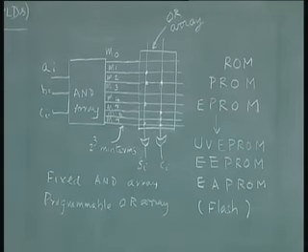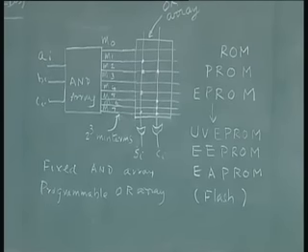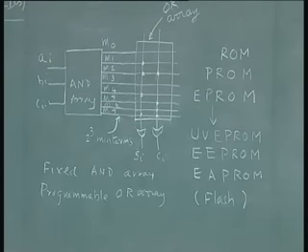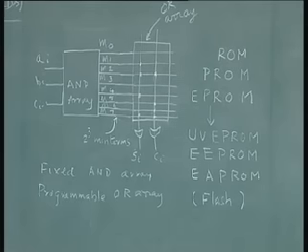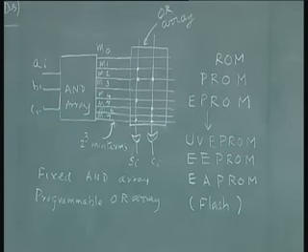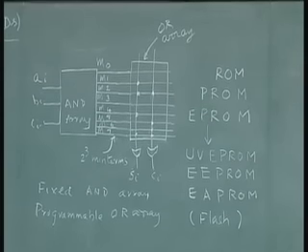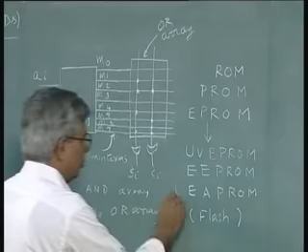These are electrically alterable programmable read-only memories or flash memories, wherein I can keep the device in the circuit and selectively alter the programming of the device. So, that is the most widely used device today.